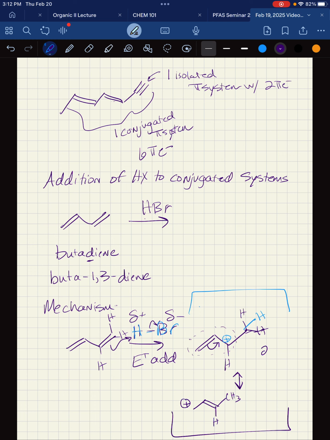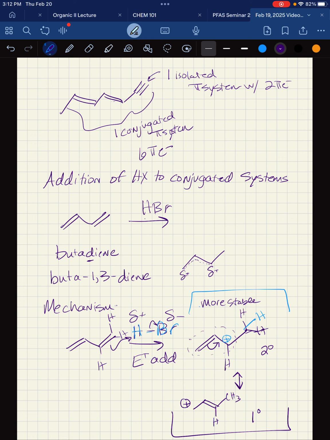Now here we see this one is secondary and this one is primary. So obviously the secondary would be the more stable of the two intermediates. However, the fact that we have resonance basically means that both of these are stabilized, because the resonance hybrid would look like we have a partial positive on both of these carbon atoms.